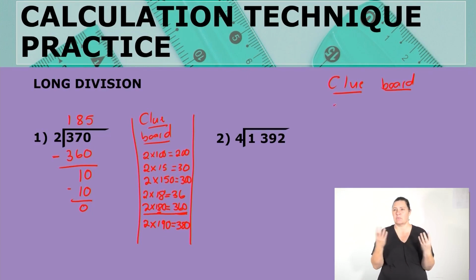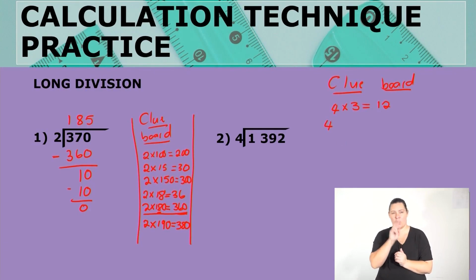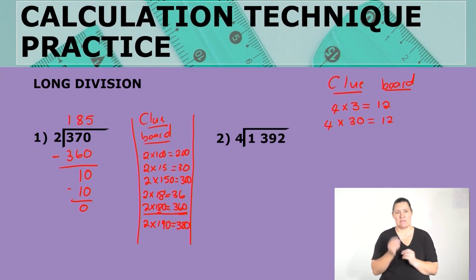Let us start with 4 multiplied by 3, for you to see it easier. So 4 multiplied by 3 is 12. But because I am looking for a big number, I'm going to say 4 multiplied by 30. That gives me 120. It is still not big enough. So let's move on and multiply with perhaps 300.